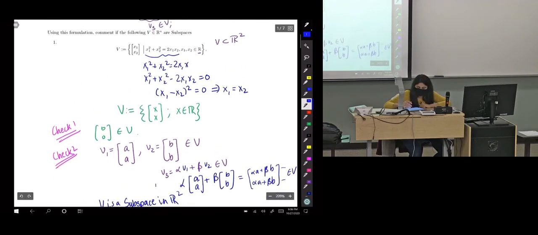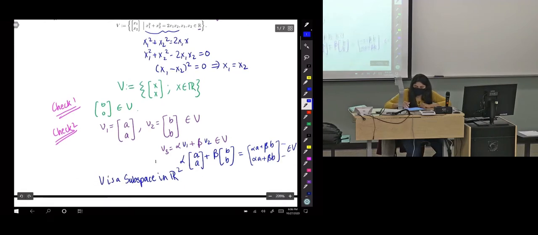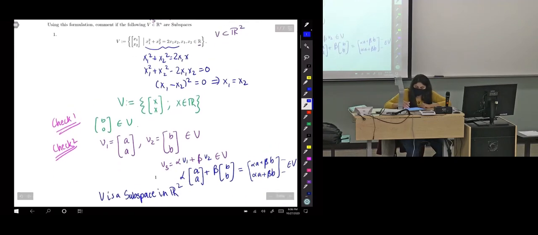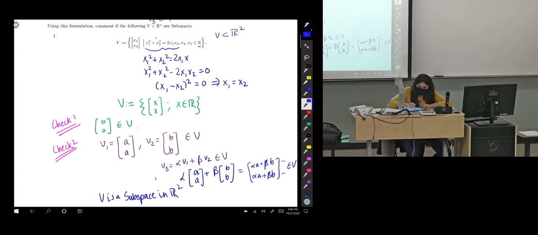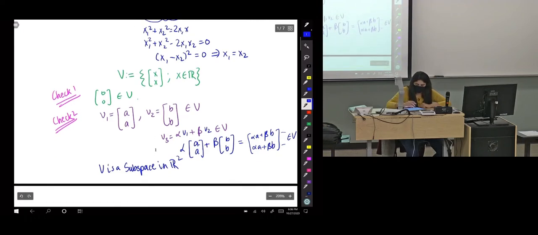So that is our basic idea. Even if we didn't simplify it, we could have kept it in this format and checked the whole thing normally. But we know how to do it. We know first we want to check for the zero element. If that didn't exist, we'd stop right here at the first check and say that V is not a subspace.